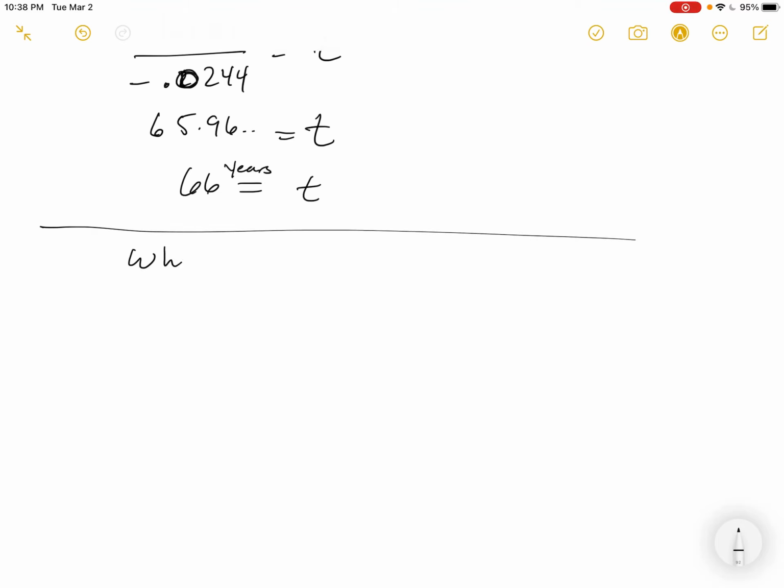So they're saying, what is the half-life? Often we talk about items in their half-life. What is the half-life of this substance? Well, we can use our formula.